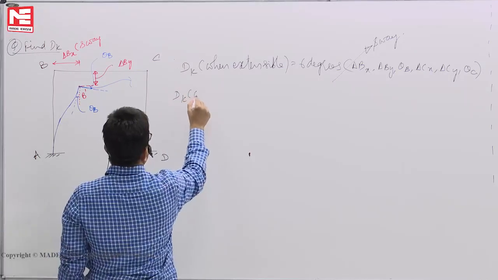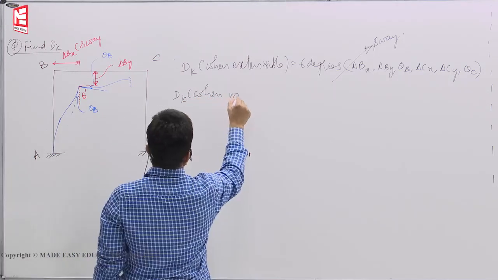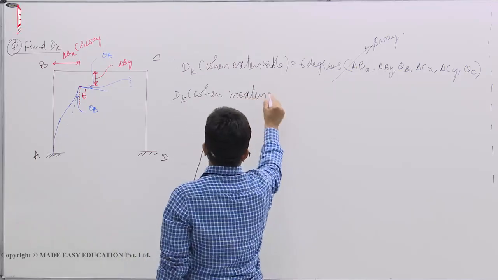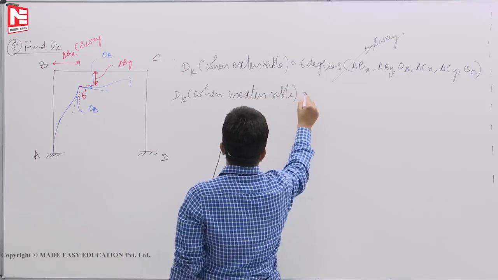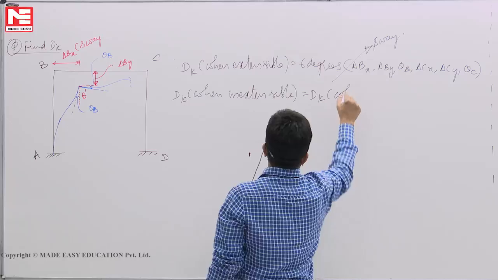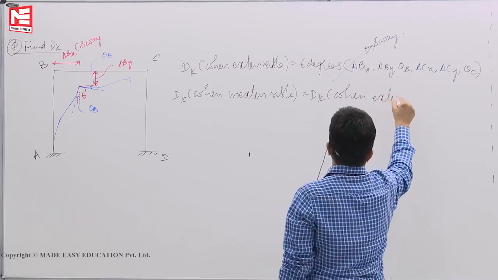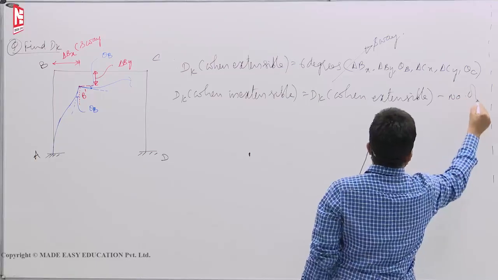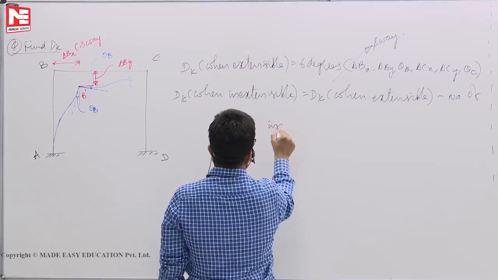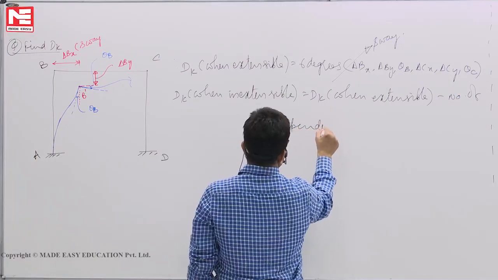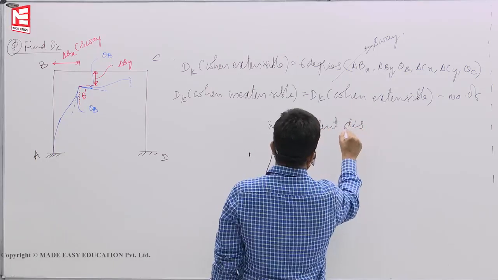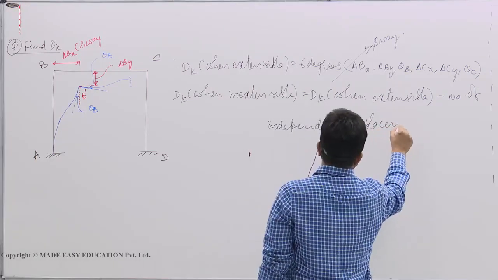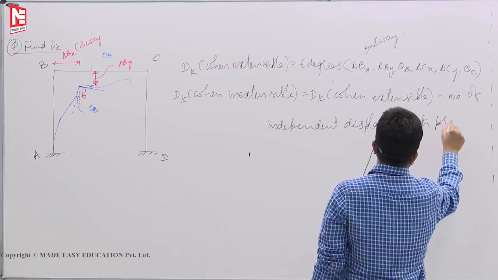dk when inextensible. How will you find? General case, dk when extensible minus number of independent displacements prevented.